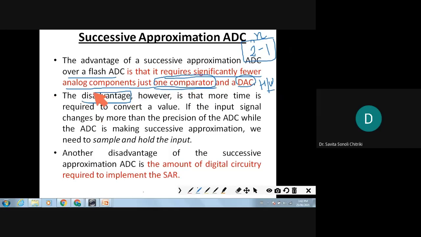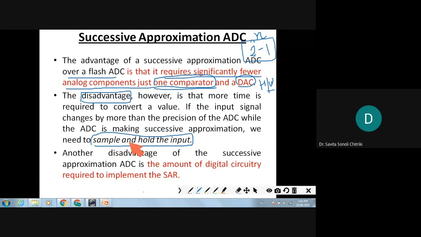But the disadvantage, however, is that more time is required to convert the value if the input signal changes by more than the precision of the ADC. While the ADC is making the successive approximation, we need to sample and hold the input.